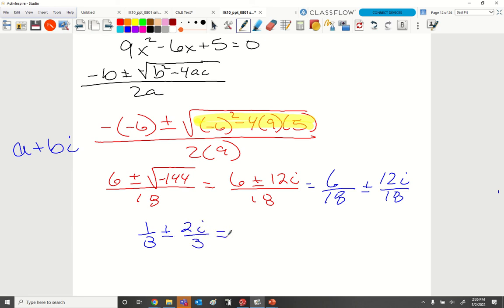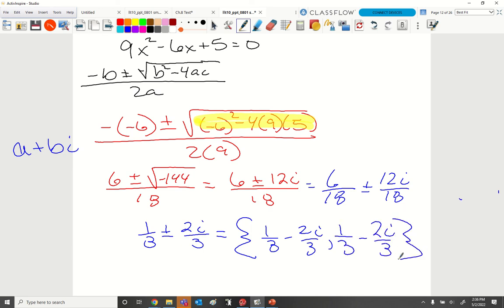And my solution set is positive 1/3 minus 2i over 3, comma, 1/3 minus 2i over 3. Oh wait, plus, sorry, I got two minuses there. Does that make more sense or no?